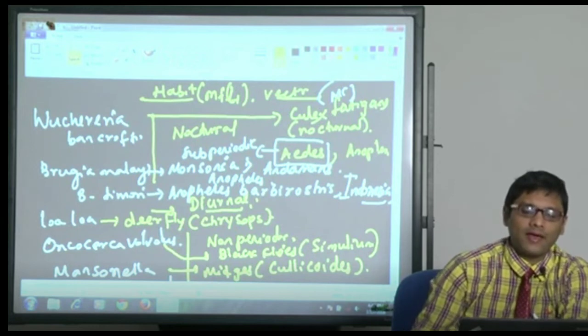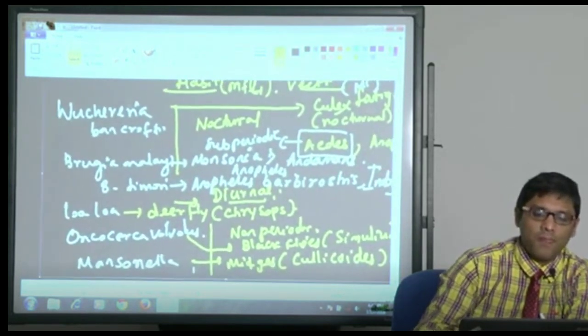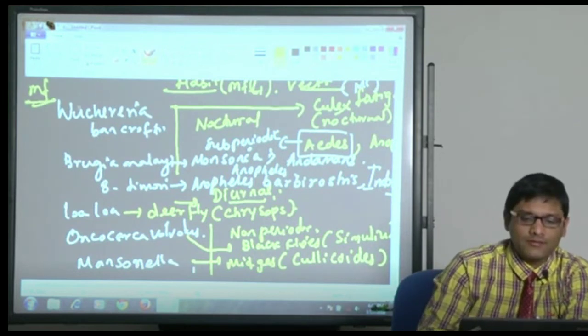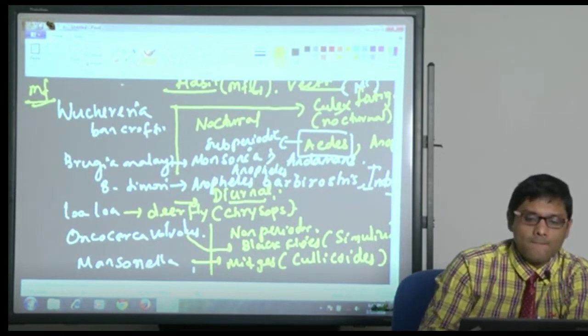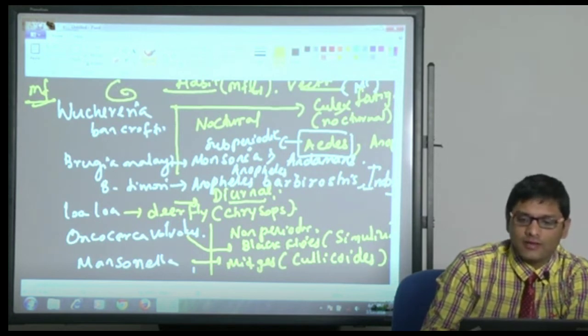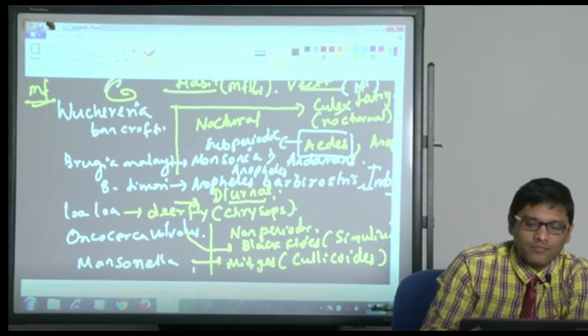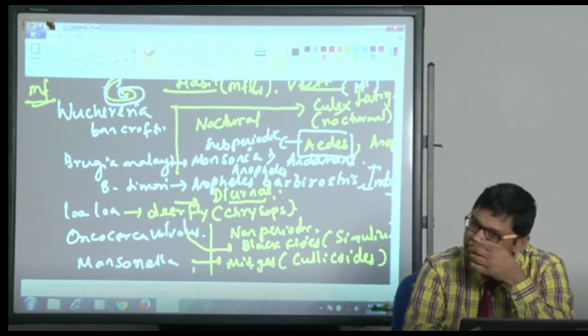And they say that the microfilaria of some of them will have a sheath, an outer covering. If this is a microfilaria, then some of them will have an outer covering. It is covered by a sheath, not all, but some of them have an outer sheath.